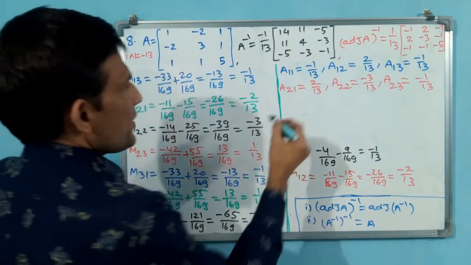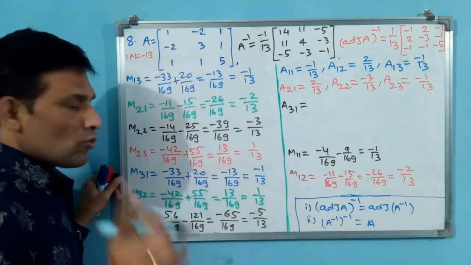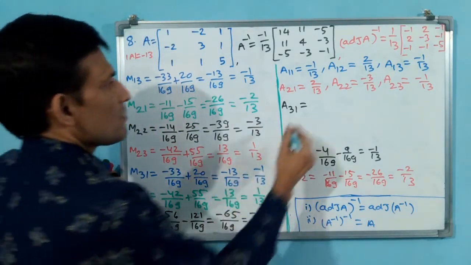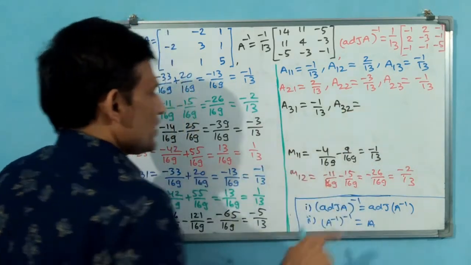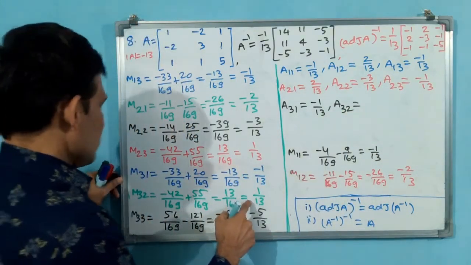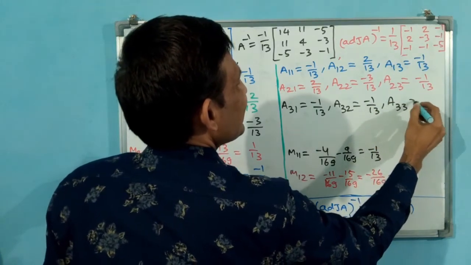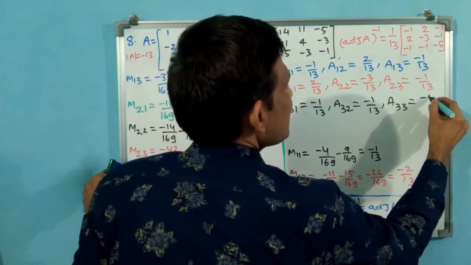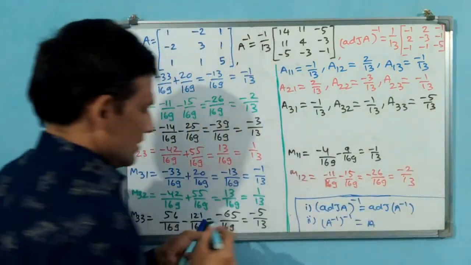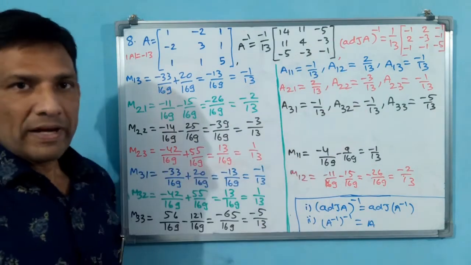Then you go for A31. A31, no change, minus 1 by 13. A32 change, minus 1 by 13. A33 same, no change, minus 5 by 13. Now you have received all cofactors.